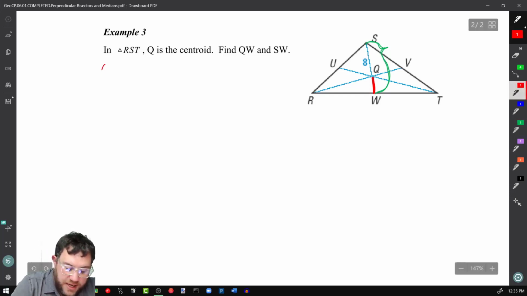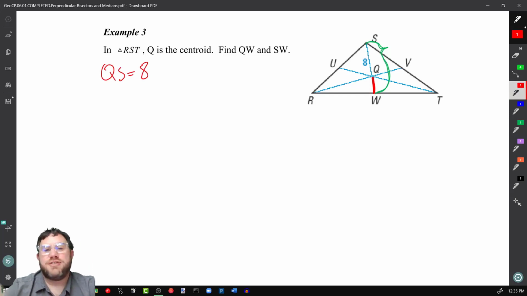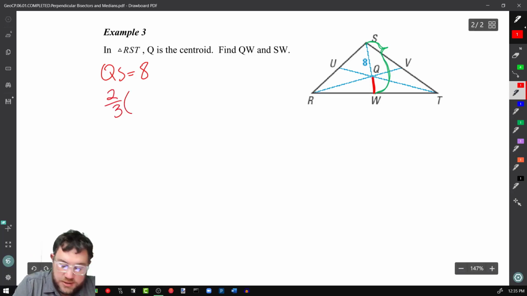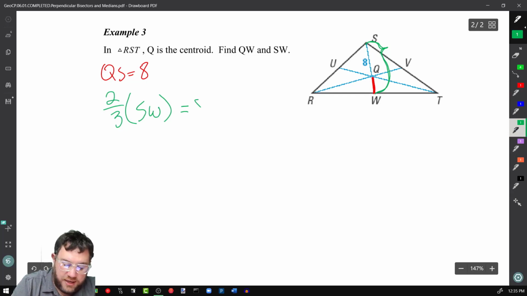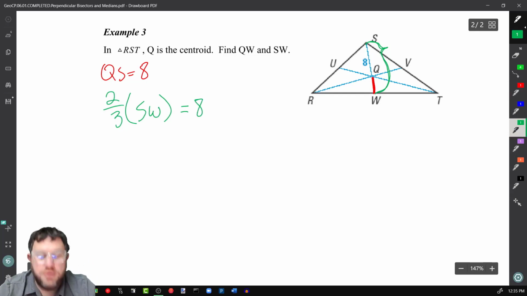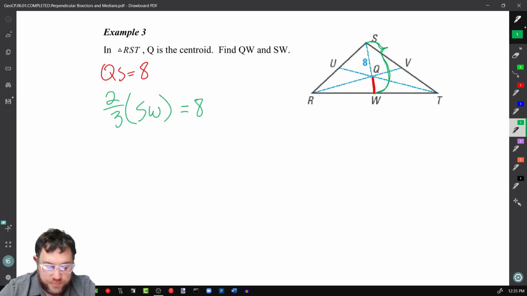So we know that QS equals 8, and that's 2/3 of the whole thing. So 2/3 of SW, the whole thing, equals 8, because QS is 8.